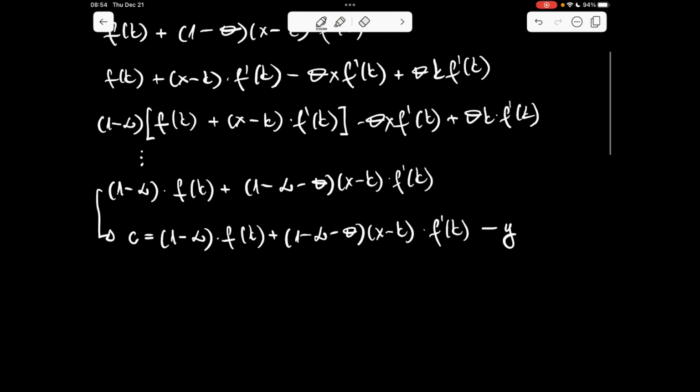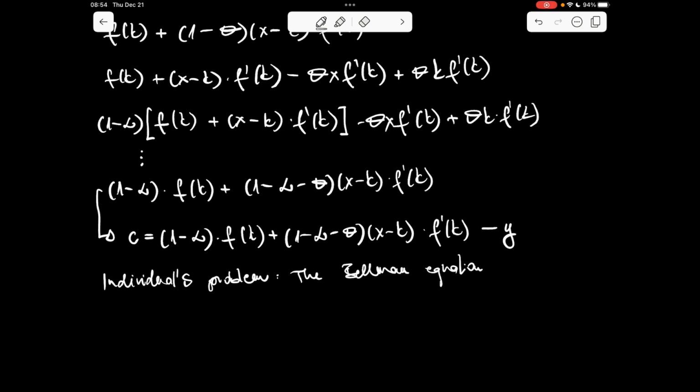So the individual's problem, the Bellman equation. There is no surprise.